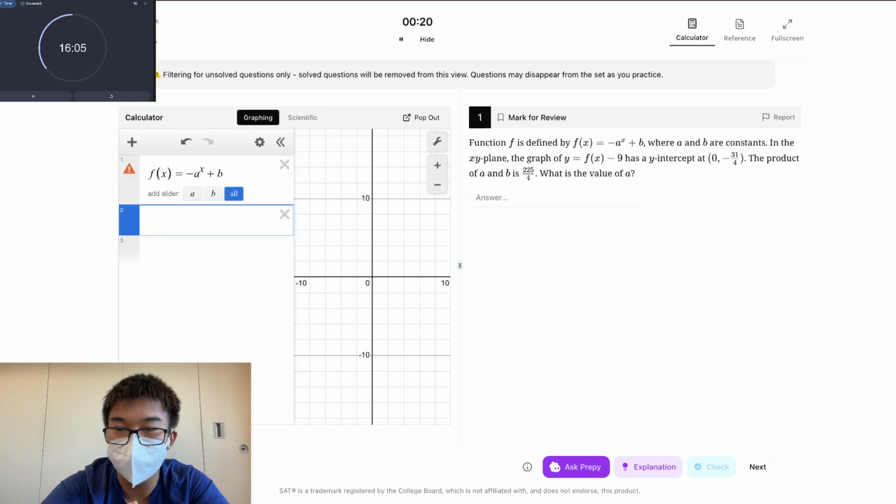So you will not do a slider actually. y is equal to f(x) minus b. Let's do d(x) is equal to f(x) minus 9.